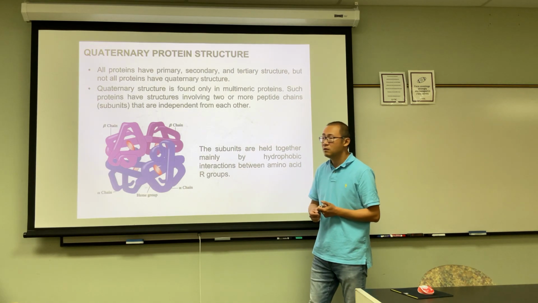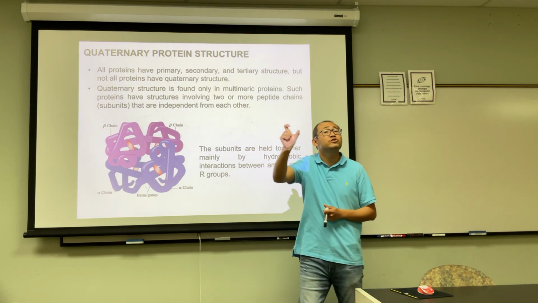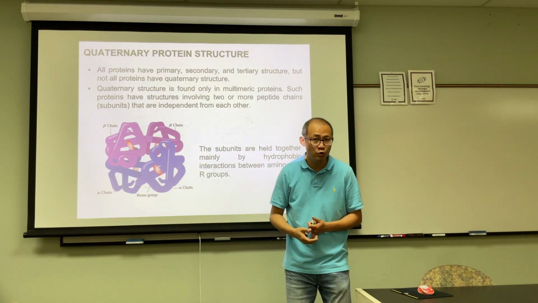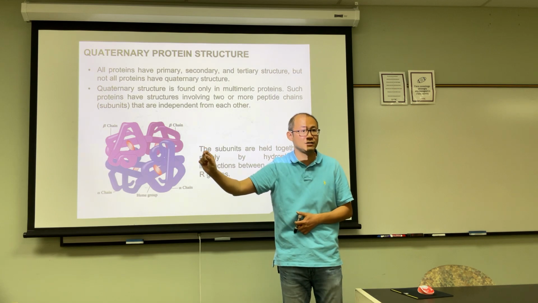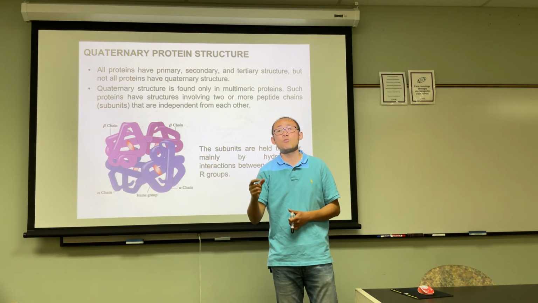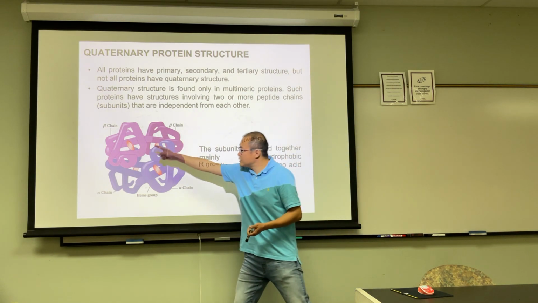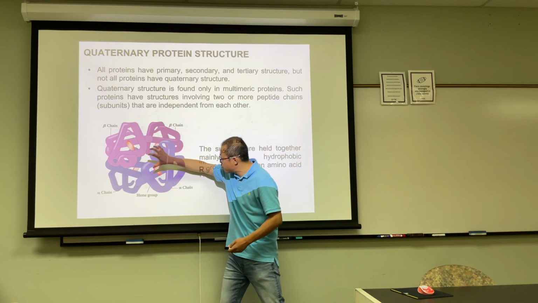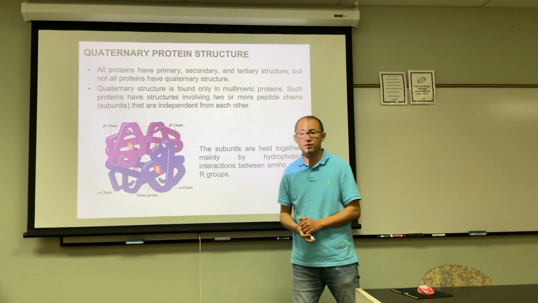A quaternary structure exists when a protein has multiple chains or multiple units. Remember, a protein is a chain of amino acids. If a protein has multiple chains, then they will give multiple units. And those multiple units, in order to hold together to make a protein, that interaction is the quaternary structure.